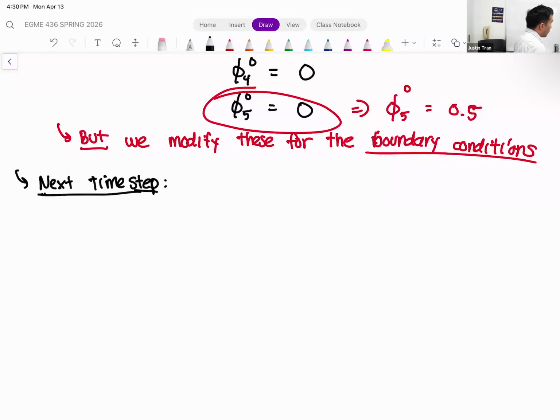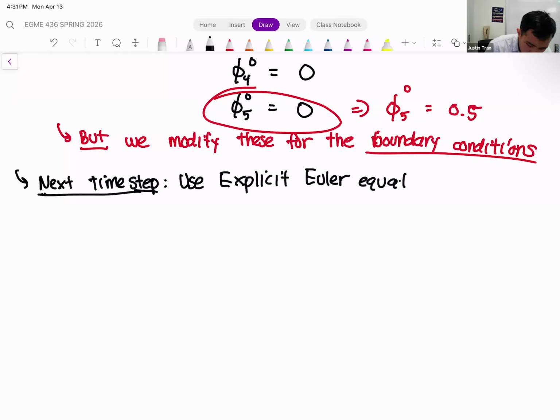So we're basically going to write out our full equations from before. It's just that we're going to plug in our values for the solution from the previous time step. Okay, so for the next time step and beyond, we're just going to use our explicit Euler equations.